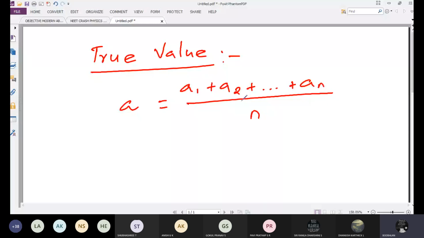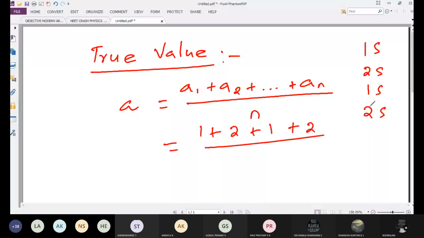For example, in a pendulum, the first time I take 1 second, the second time 2 seconds, again 1 second, 2 seconds. So 4 readings are completed. The true value means (1 plus 2 plus 1 plus 2) divided by the number of terms, 4. So 6 by 4. This is the true value.